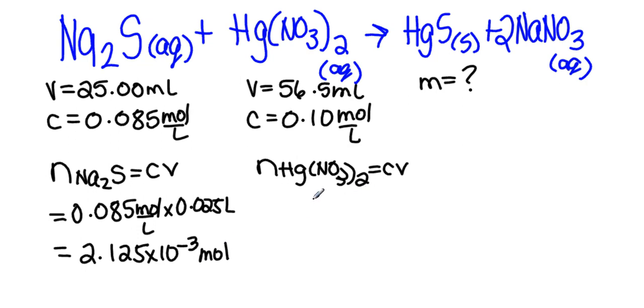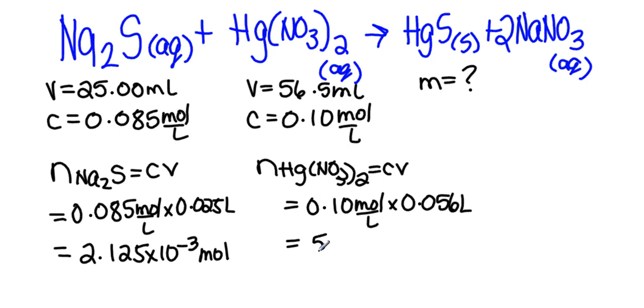Then I'm going to do the same thing for my mercury 2 nitrate: 0.10 moles per liter, multiplied by the volume. And I should end up with 5.65 times 10 to the negative 3 moles.